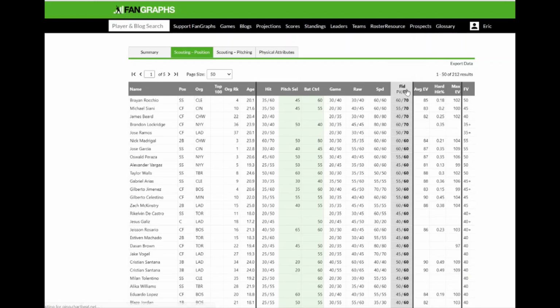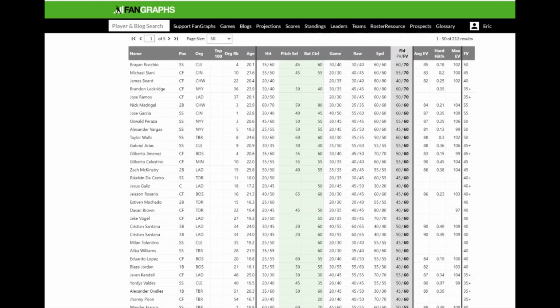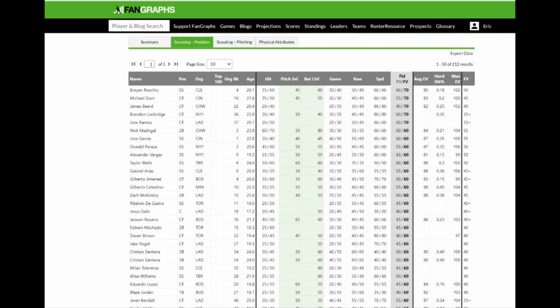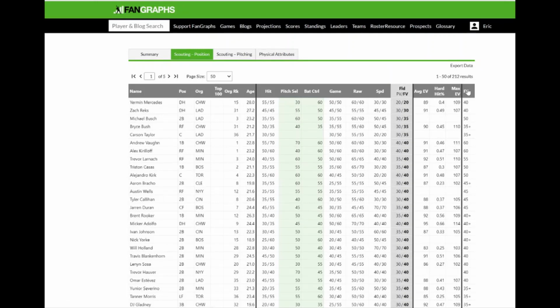For some of the guys, it absolutely is, right? Some of these high-end defensive players, we're really telling you what we think about them, but I think for the most part, there's a lot of 45ing and 50ing as far as the defensive grades are concerned, and I'm trying to move away from that, but in a way that makes sense rather than just to do it.